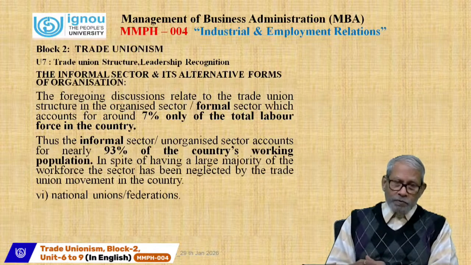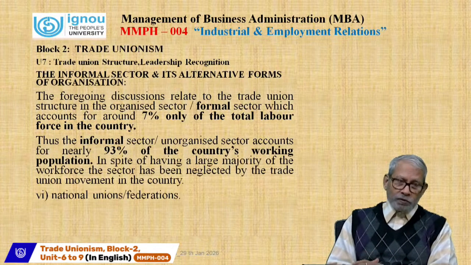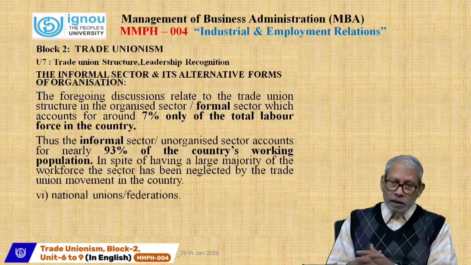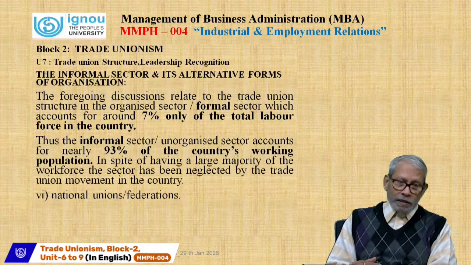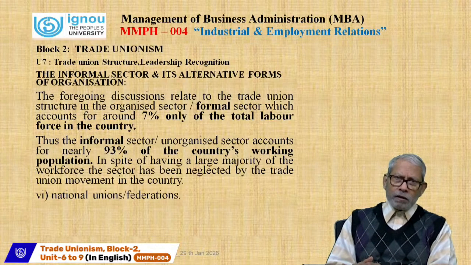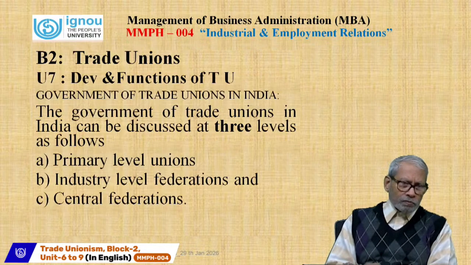In spite of having a large majority of the workforce, this sector has been neglected by the trade union movements in the country. These are some facts given by this data, showing national unions and federations.